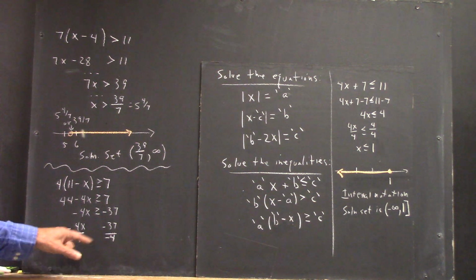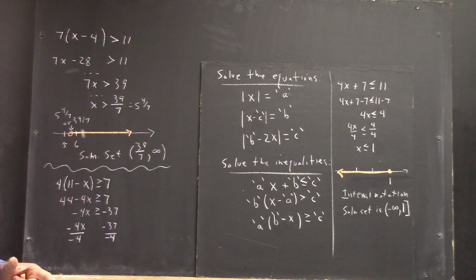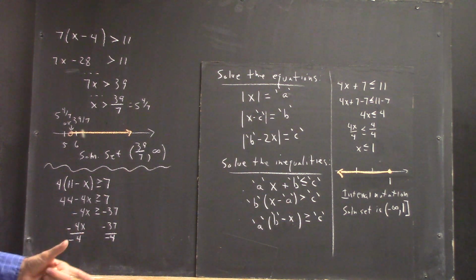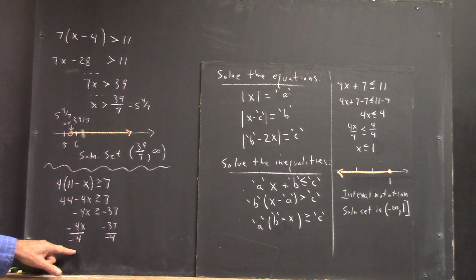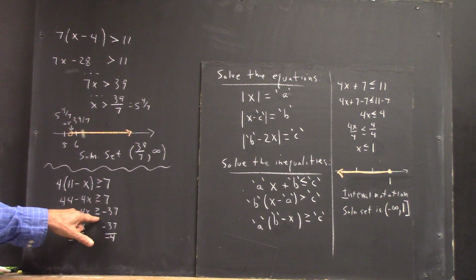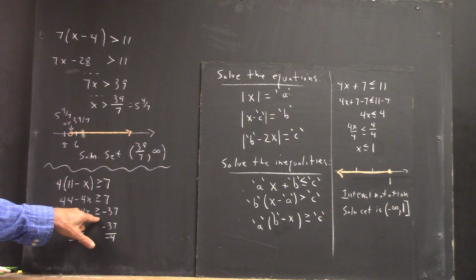How many think it's going to be greater than or equal? How many think it's going to be less than or equal? Okay, how many aren't sure? Well, when you divide or multiply by a negative on an inequality, you've got to reverse the inequality. Okay? That's a big deal. Something else you want to make prominent note of so you don't forget it.